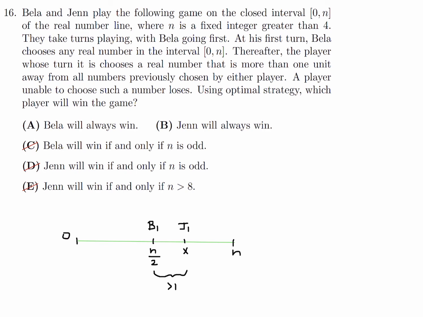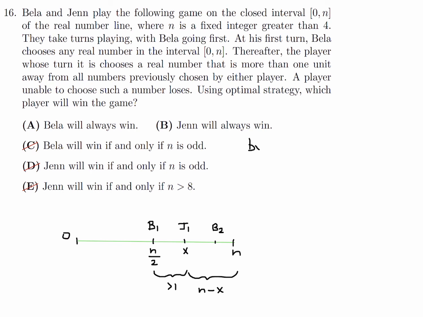And then Bella now has to go. And this interval right here is n minus x. So all Bella has to do is just choose a number somewhere in there, and that will be sufficient to meet the criteria of the question.